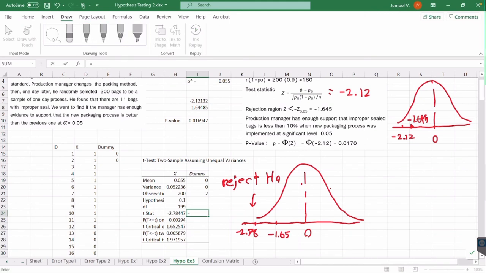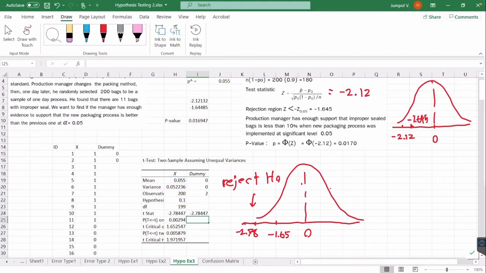Let's do the calculation for this test statistic. It is going to be x minus 0, the hypothesized mean, divided by the square root of the variance divided by the number of observations.